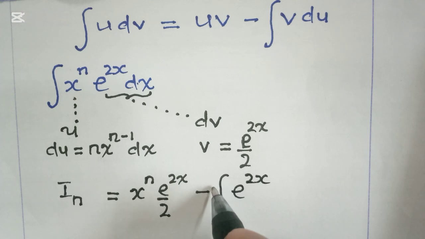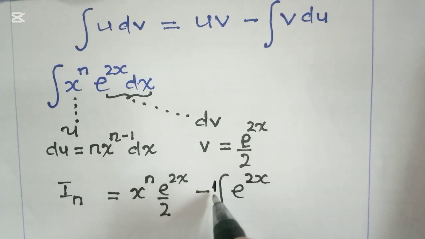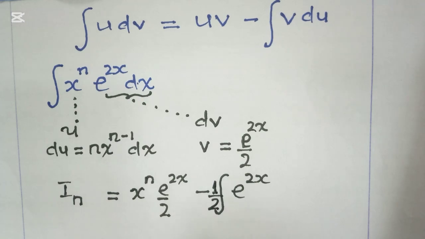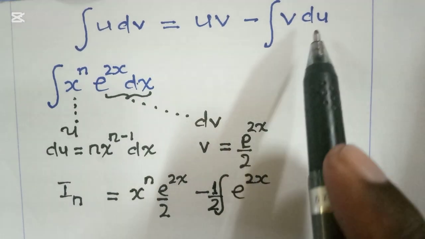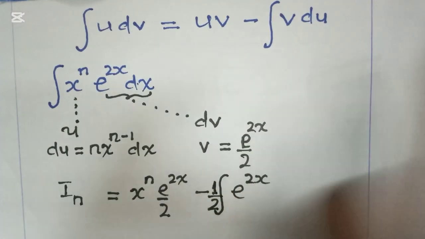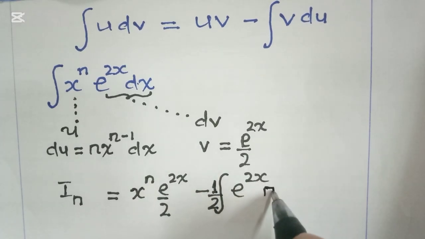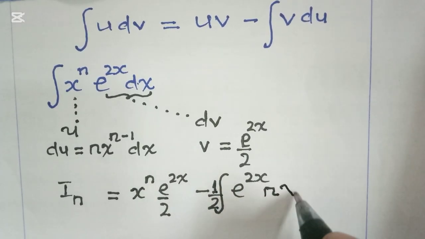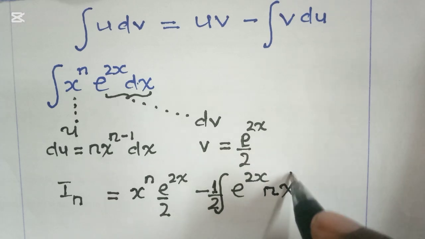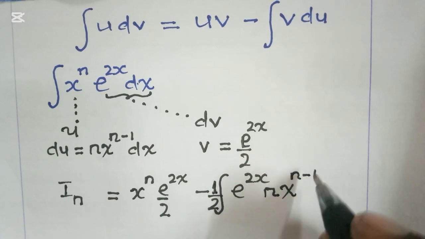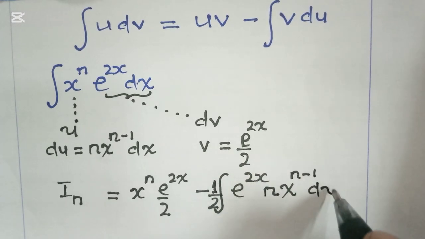The 2 I can bring this side, all over 2, like that. And then we have du. The du is supposed to be n x raised to n minus 1, and then we have the dx here.